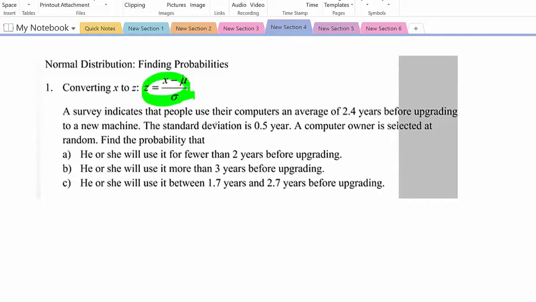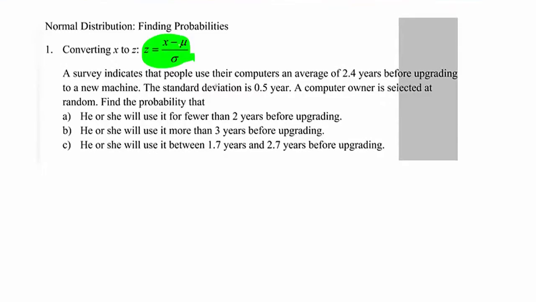The formula is z equal to x minus mu over sigma. That's the z-score formula. As I told you, in order to convert from normal data to the standard normal data, we have to switch x to z-scores, right? So z is defined as x minus mu over sigma.